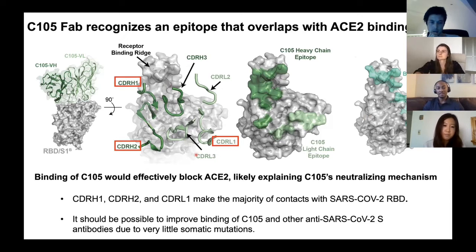But in the case of SARS-CoV-2 antibodies, we are seeing almost these parental antibodies without any mutations being very potent and having very high affinities. So this makes the case that if we want to improve antibody therapies, there is room to actually improve these antibodies through antibody engineering efforts based off of our structural biology techniques.